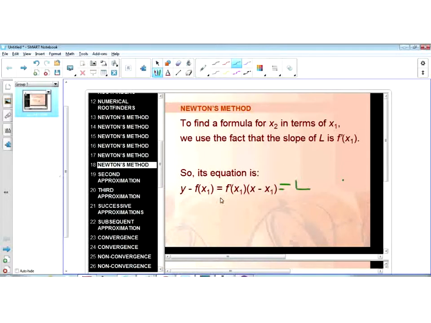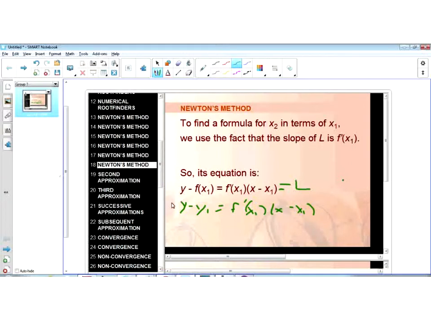So y minus y sub 1 is equal to f prime of x sub 1 times x minus x sub 1.